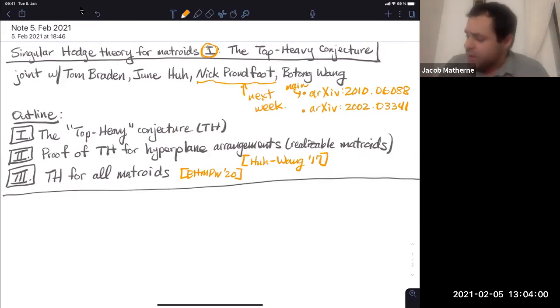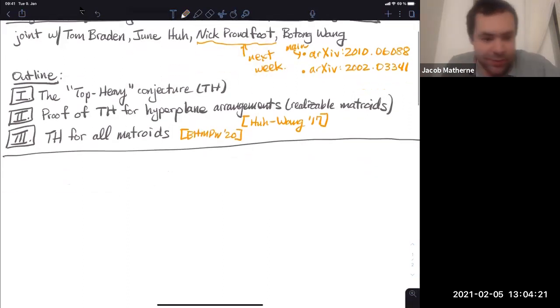I'm going to tell you about the proof of this in 2017 due to Jun Huh and Botong Wang. But as I said, you can state this top-heavy conjecture in general for all matroids, and our contribution was to prove this for all matroids when you don't have any geometry to rely on. I'll tell you about that in the third section. Okay, so I'll try to keep it very elementary.